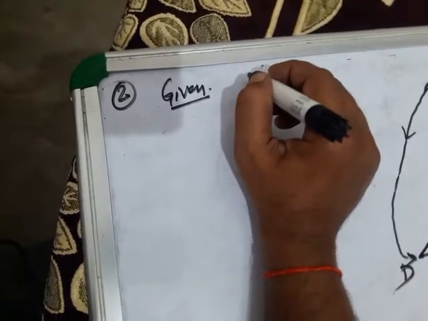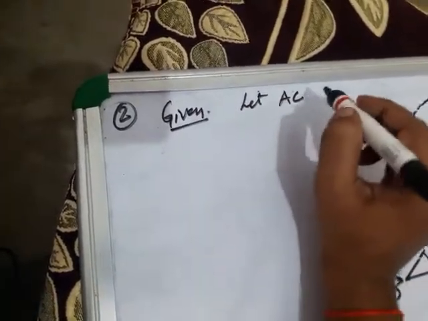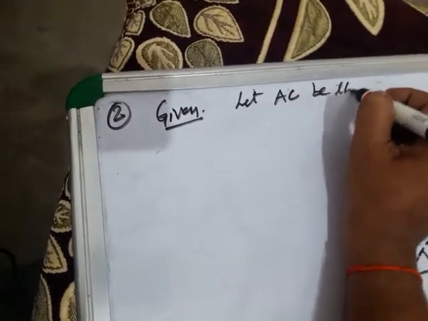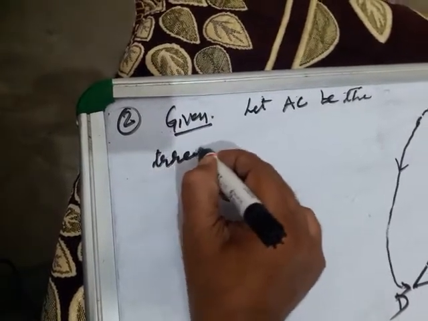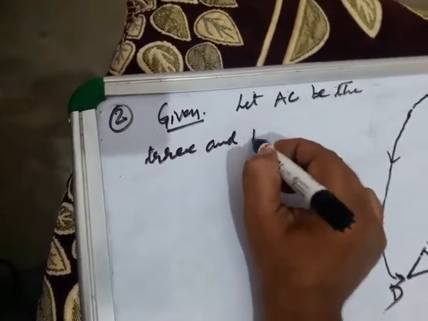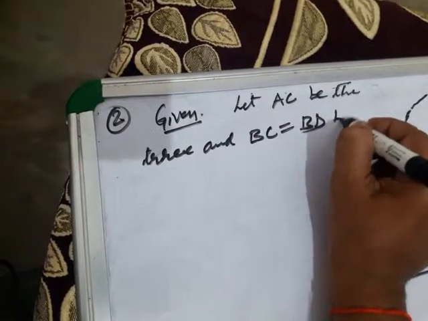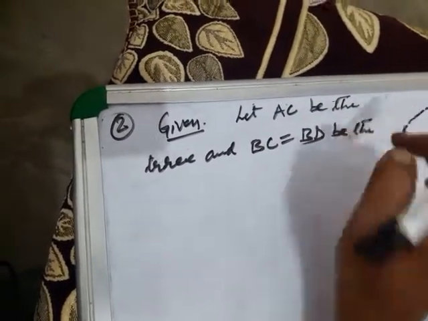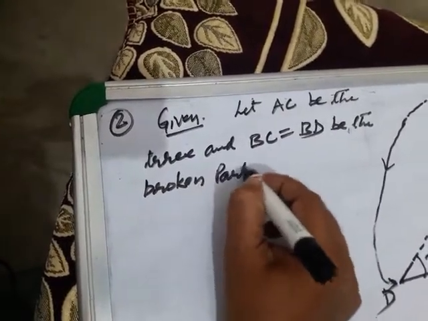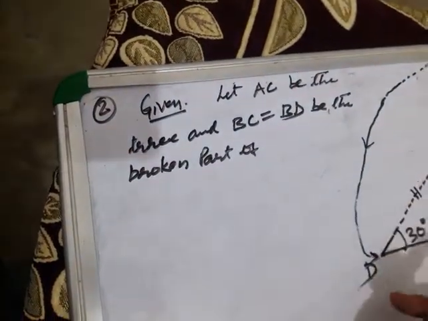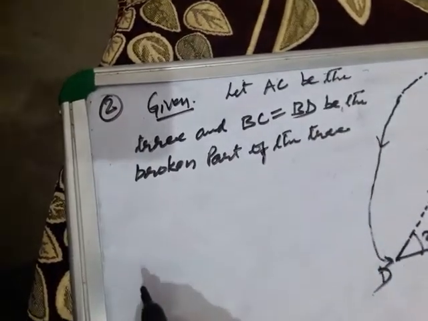Given: let AC be the tree, and BC equal to BD be the broken part of the tree.